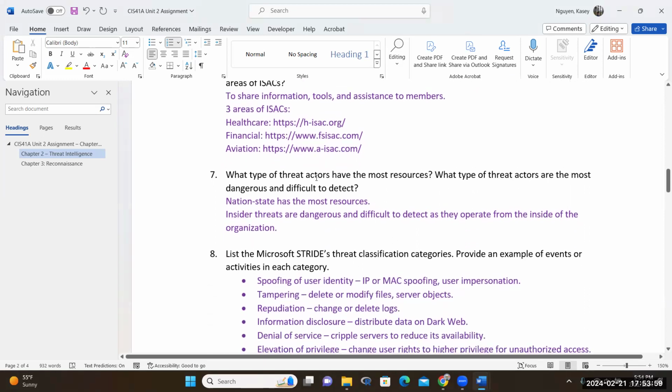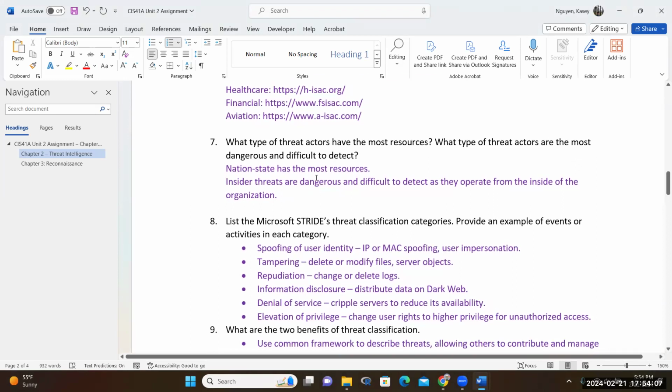And you can also pull the information from the notes for STRIDE: spoofing, tampering, repudiation, information disclosure, denial of service, elevation of privilege. So spoofing: MAC and IP, sometimes system names. Tampering: modify, delete files or server objects. Repudiation: change or delete logs.